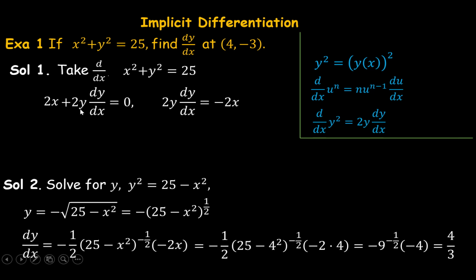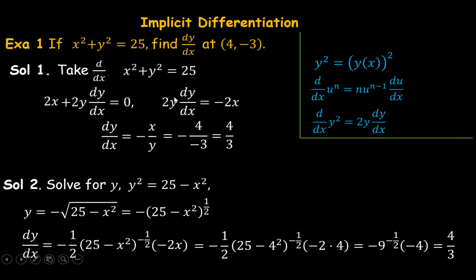Well, you can just move 2x to the other side, and then divide both sides by the coefficient. Before you divide, we can actually cancel out the 2 on both sides. So then you simply divide by y here. All right, so therefore dy/dx is minus x over y. And then you simply substitute x equals 4, y equals minus 3, and that will give you the answer. Okay?